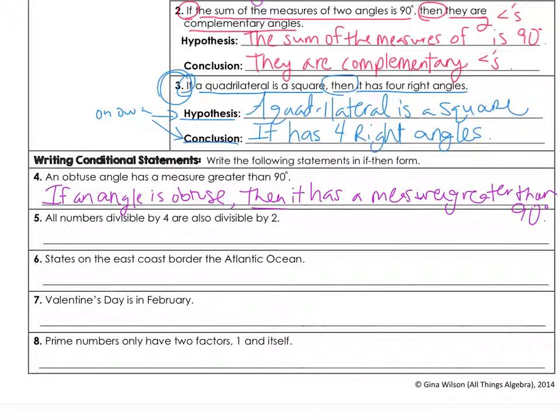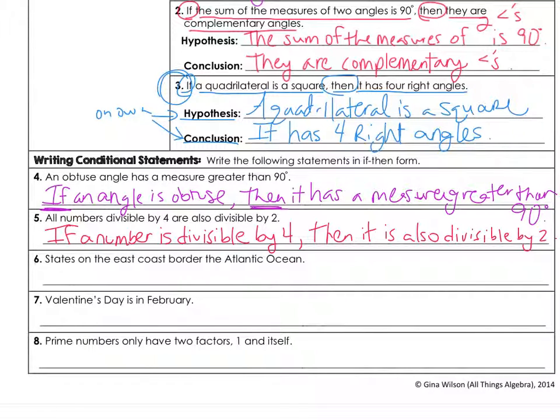Notice we have the then right here, so the conclusion is at the end, and we have the if right here. We're going to do the same thing for number 5. All numbers divisible by 4 are also divisible by 2. So what the sentence should look like is if a number is divisible by 4, then it is also divisible by 2.